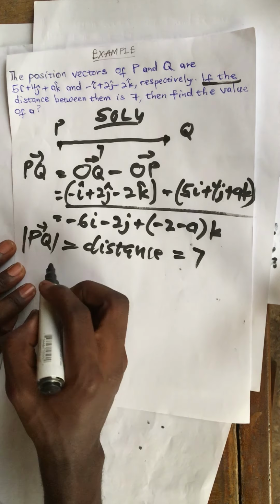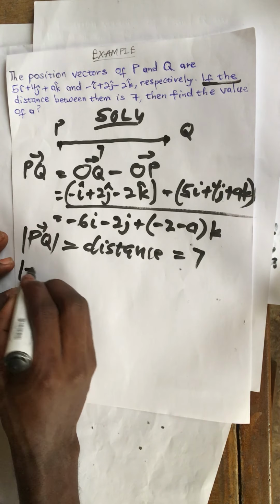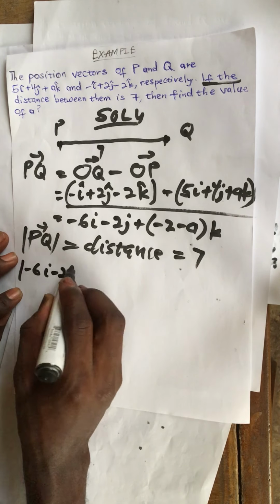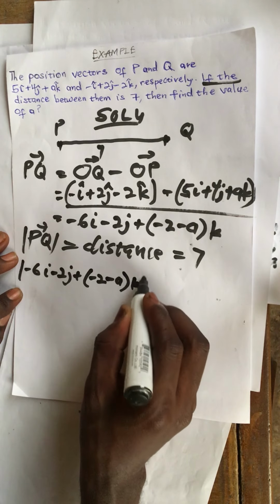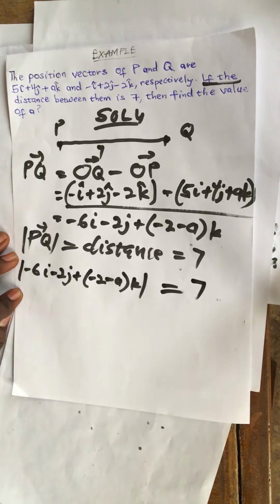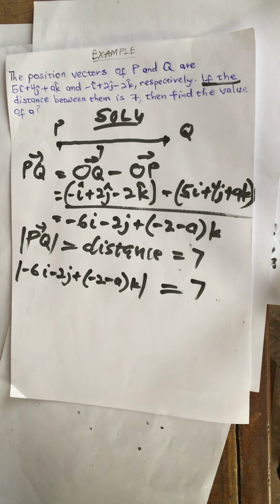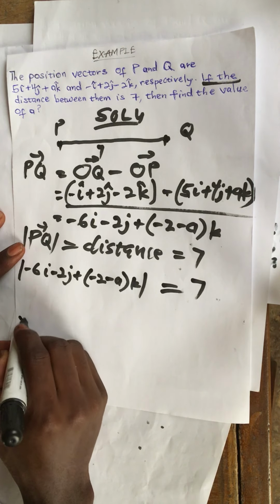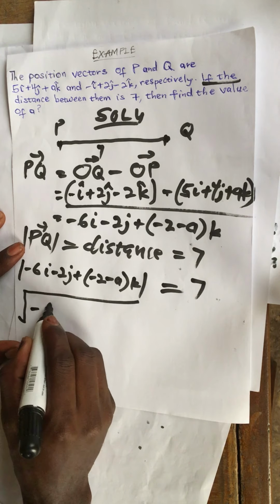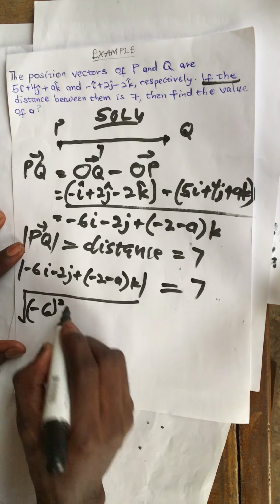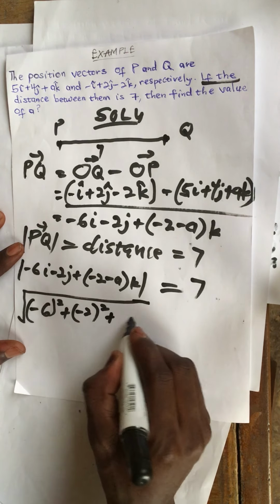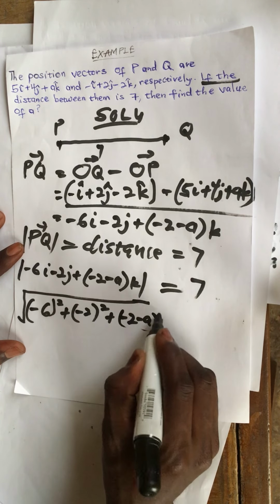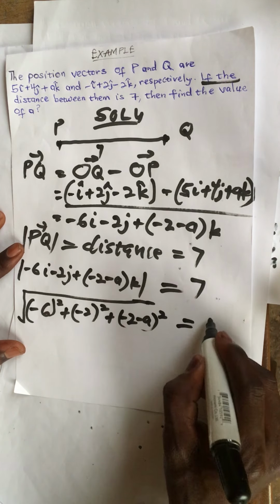The length of -6i - 2j + (-2 - a)k must be equal to 7. Taking the length gives us the root of (-6)² + (-2)² + (-2 - a)², which must be equal to the distance, which is 7.